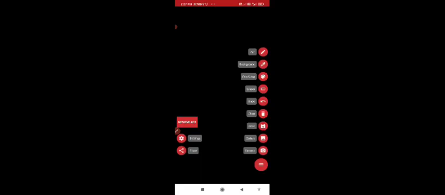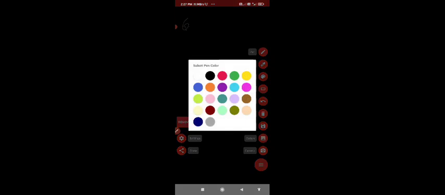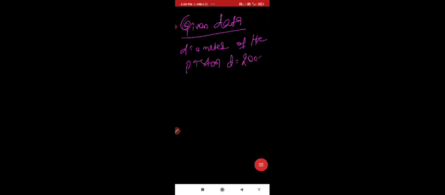First we have to write the given data. Diameter of the piston D is equal to 200 mm, that is equal to 0.2 meter.